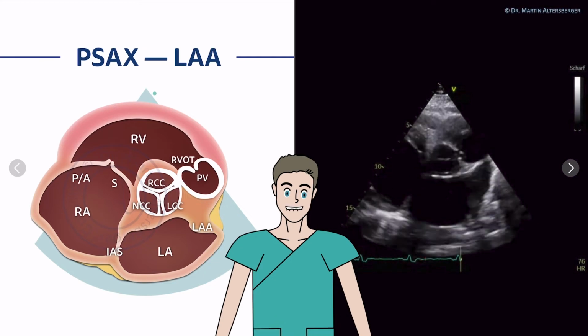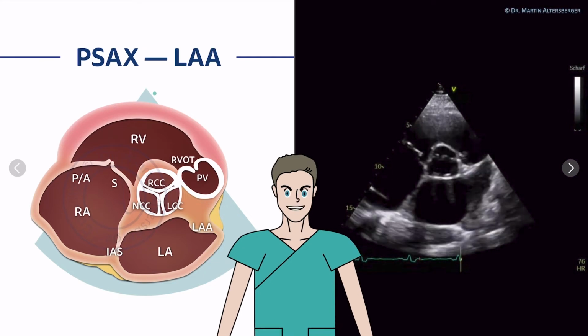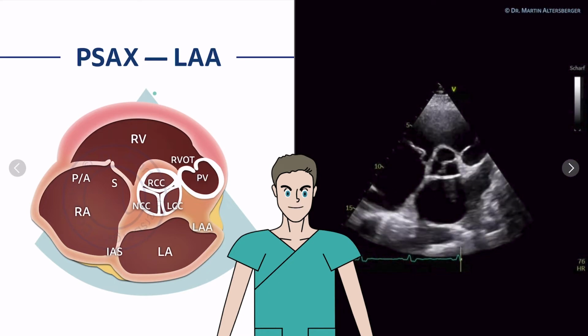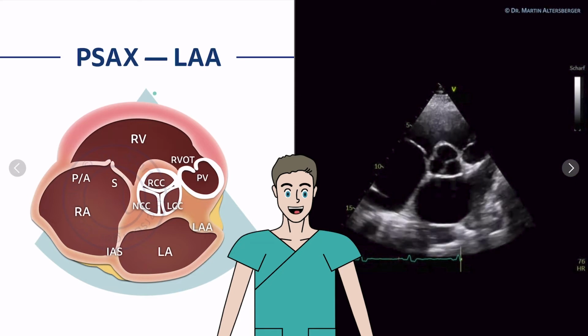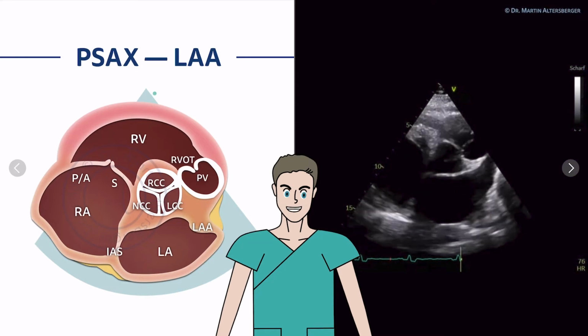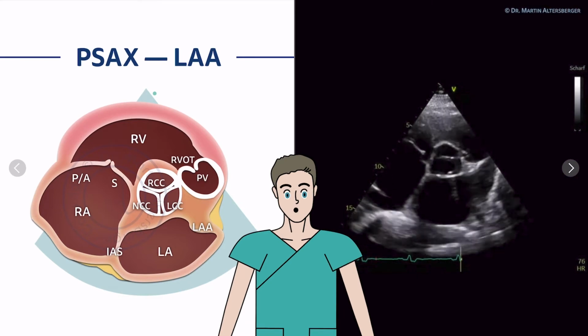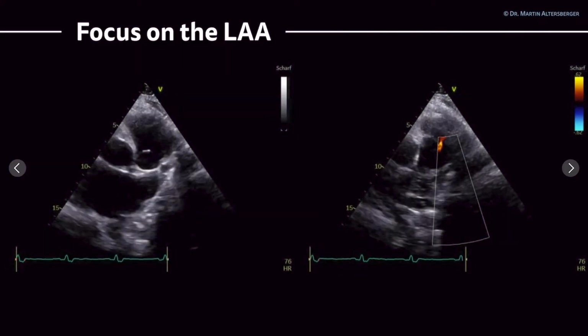Keep in mind that still for excluding a thrombus, you need a TE study, of course, but you get the idea that with a prominent left atrial appendage, you can also perform measurements and a visual assessment if there is a thrombus present and seen already in a transthoracic approach.